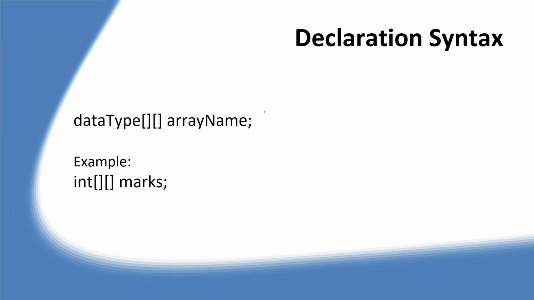So, declaration syntax. To declare a two-dimensional array, use two square brackets after the data type. So after the data type, we need to add two square brackets.